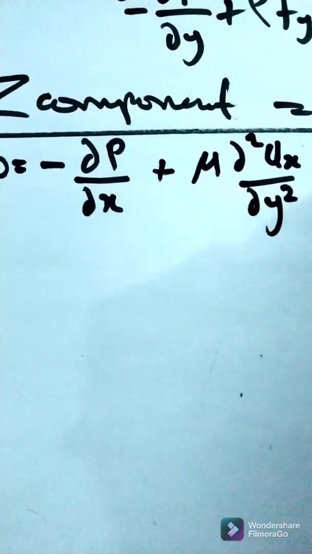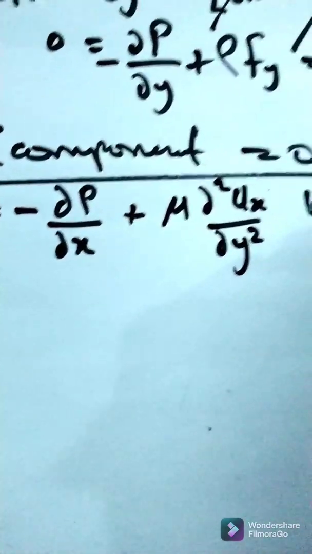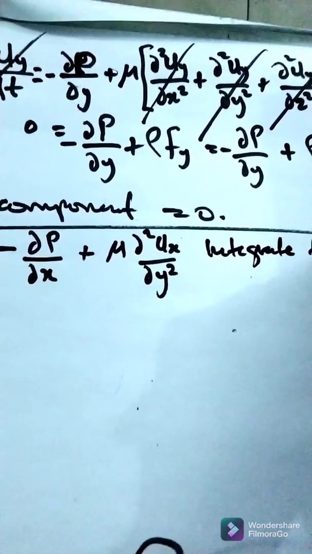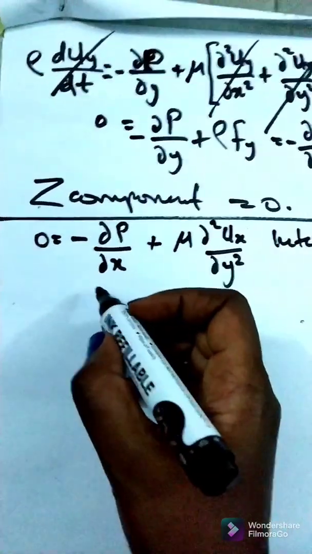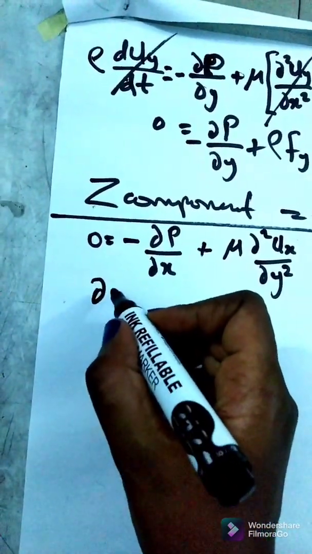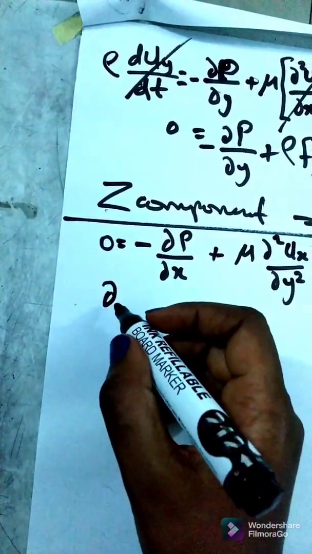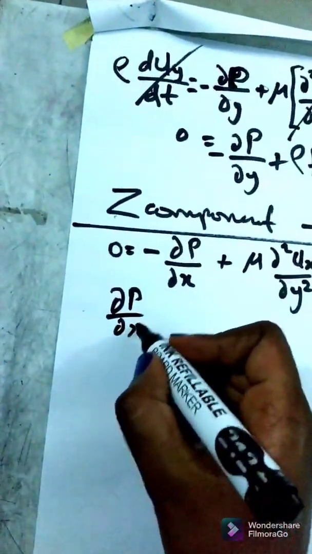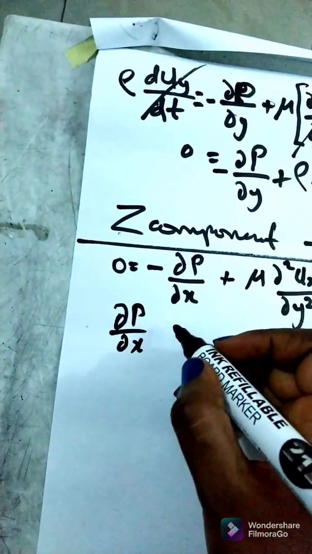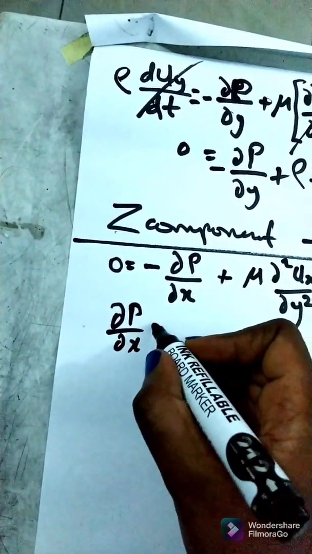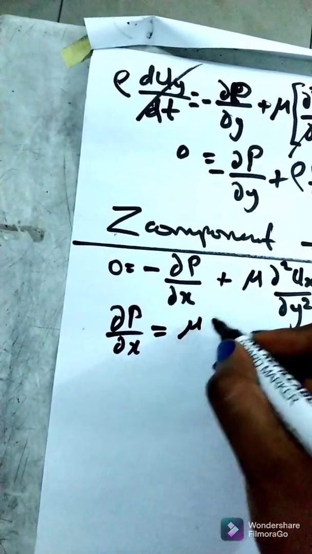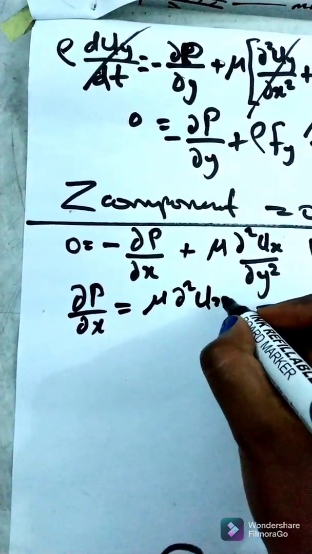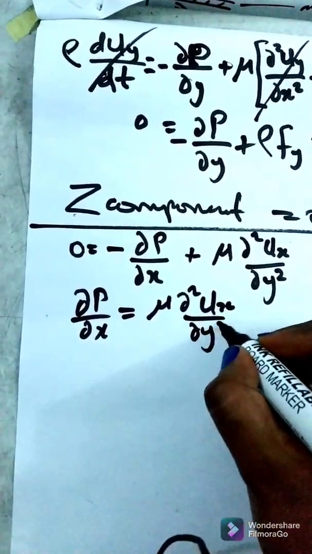And so we're going to integrate twice, okay? First of all, we'll rearrange this equation. We'll have dp dx equal to mu partial square ux all over partial y square.